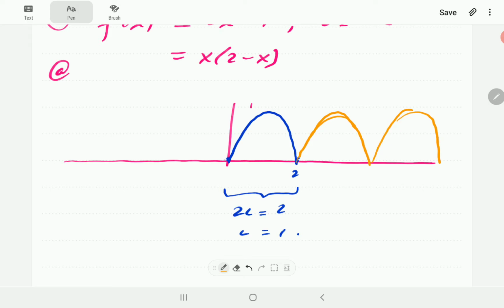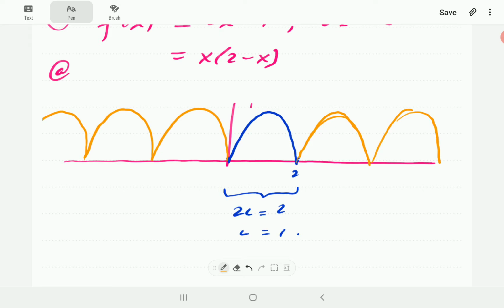On the left hand side, from 0 to negative 2, exactly the same shape. So this is the picture that we are going to have. That is the periodic extension of this function.